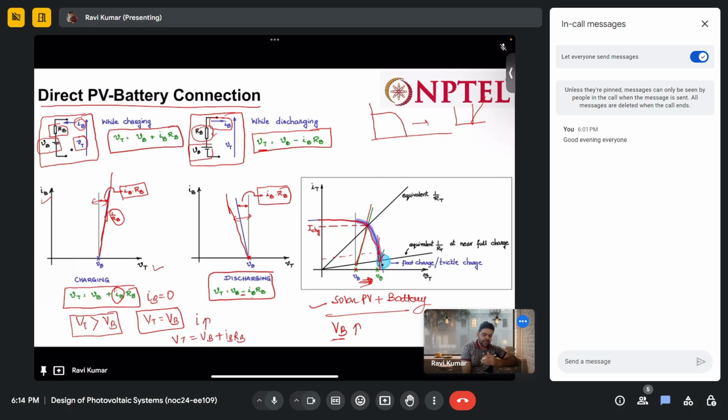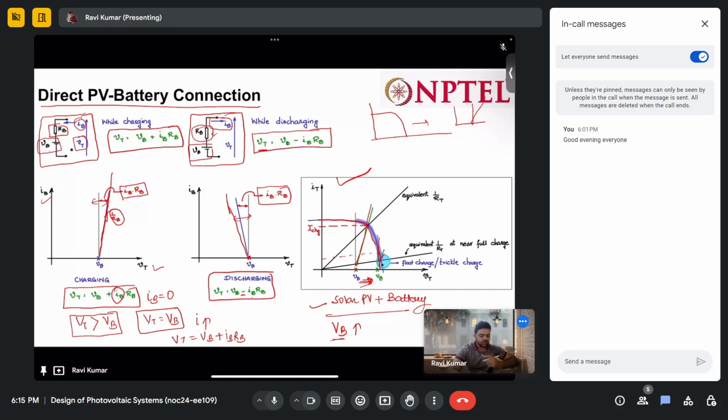Whenever the battery is being charged, this IV characteristics is adjusting the current. In that situation, the current flowing inside the battery will be less. So we can see this particular combination is the best for the battery, because while charging it is automatically controlling the current going inside the battery.